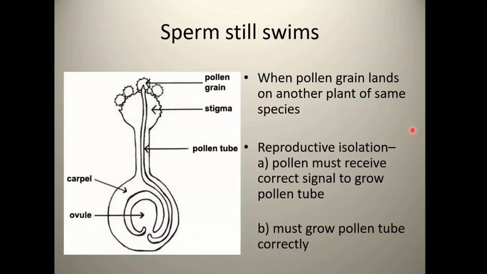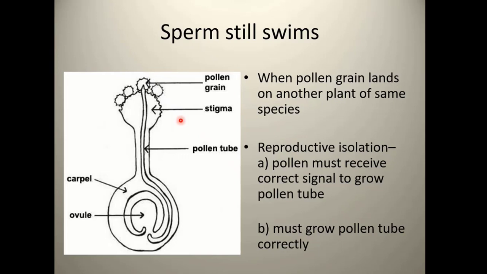As we continue here, the sperm will still swim when the pollen grains land. Here is the pollen grain, the stigma, the pollen tube, the carpel, and then the ovule. They might want you to describe and label this structure, or just draw and label it.